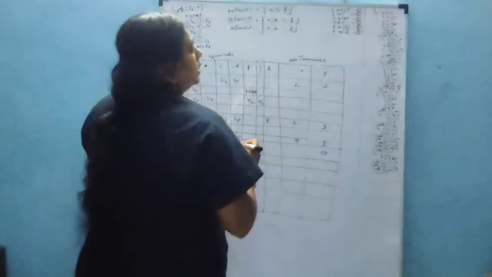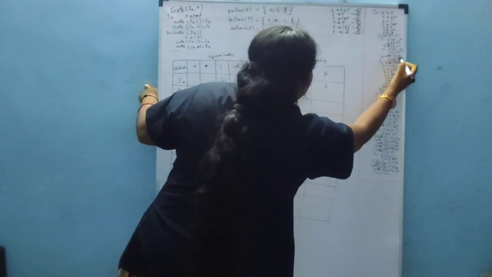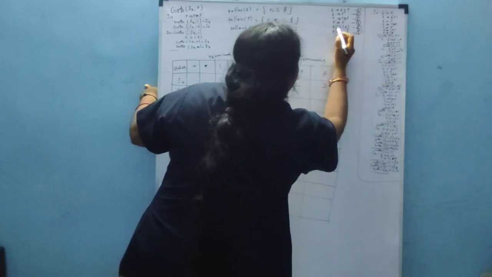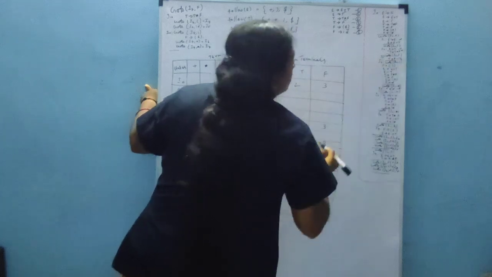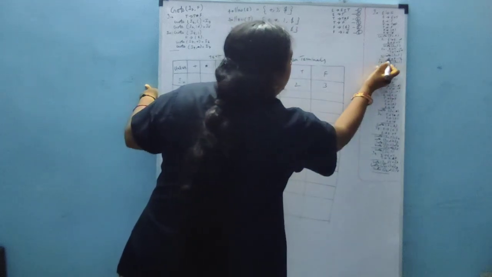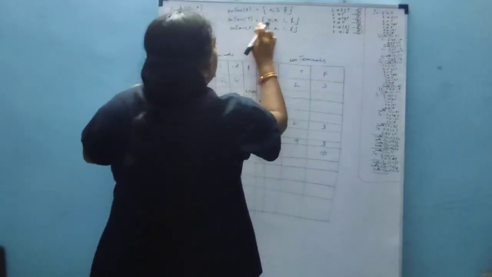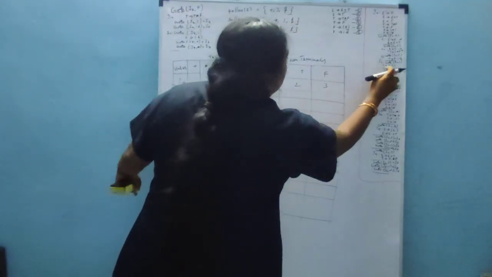Okay, then this production is completed and next this one. T tends to F, reduced by production number R4. Find the follow of T: plus, star, close bracket, dollar.